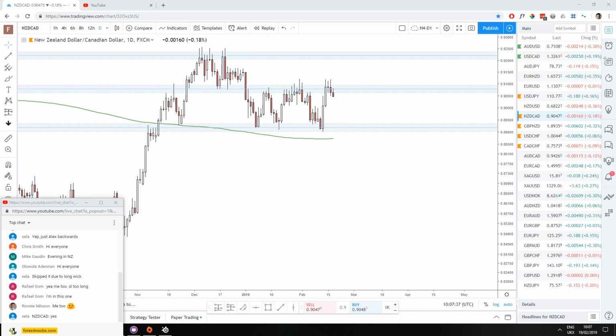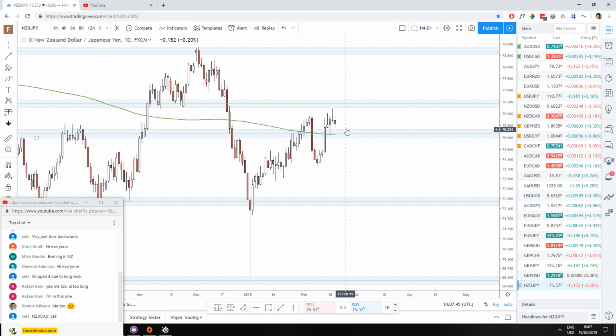Biz is not answering because he's in the New Zealand JPY short. My New Zealand JPY support resistance areas need a bit of work.